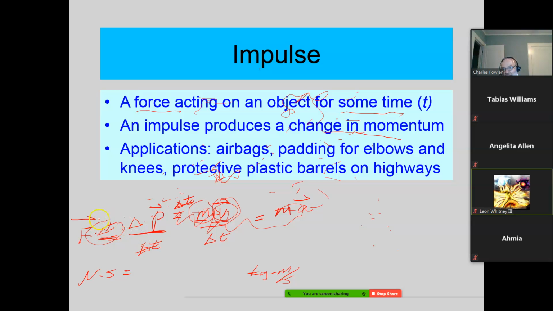But now the time interval is a little bit longer, because you had to compress the foam before it sprung back. So let's say it went from a thousandth of a second to a tenth of a second for that change of momentum. Well, that was a 100-fold increase in time interval. That meant a 100-fold decrease in the force. So sure enough, the force was much, much less. Not enough less, but it was less.